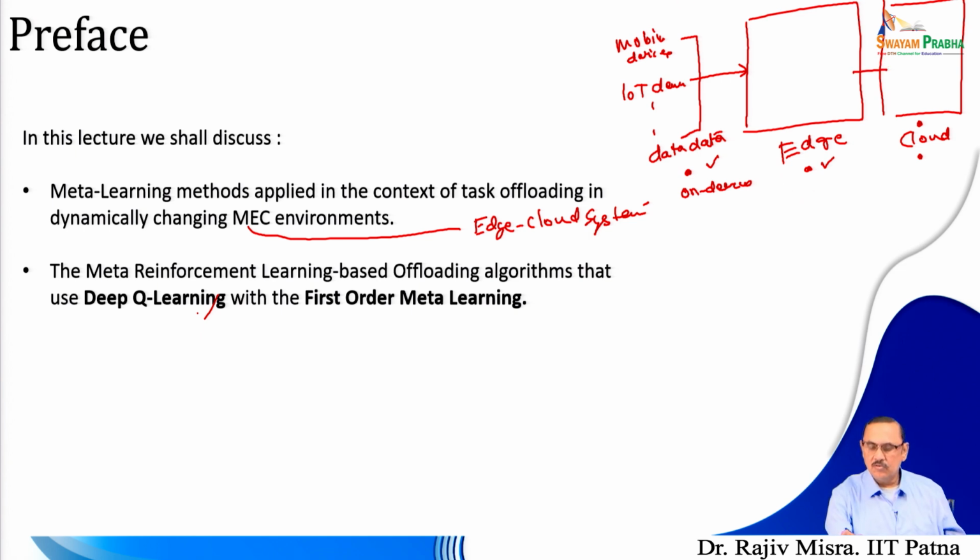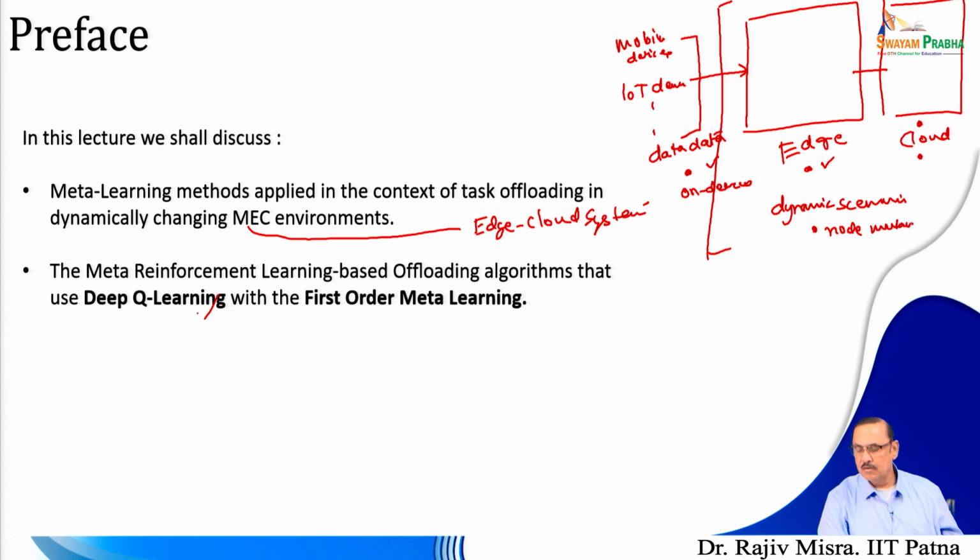Now, there are two sides, this edge and cloud, experiencing a common fluctuating or dynamic scenario. Dynamic scenario means that node membership and the load variations are some of the aspects of dynamic interventions, and also the outages, network outages.